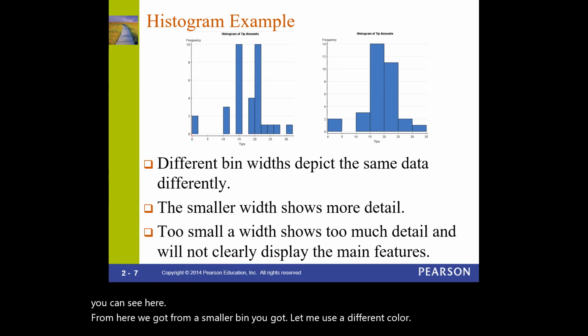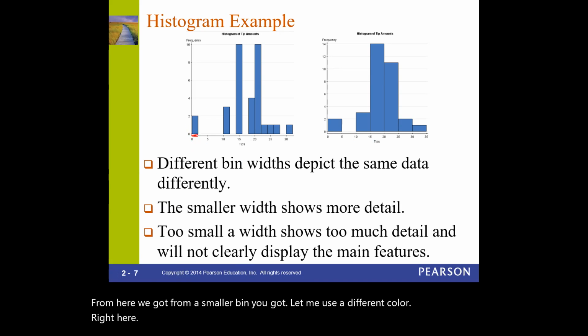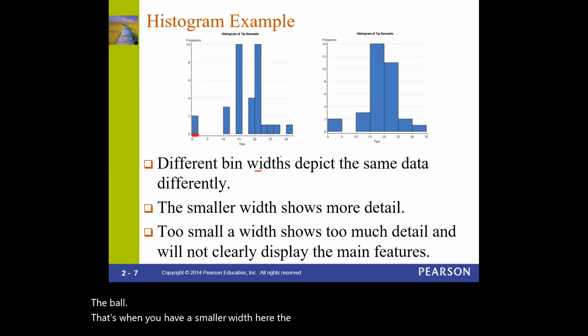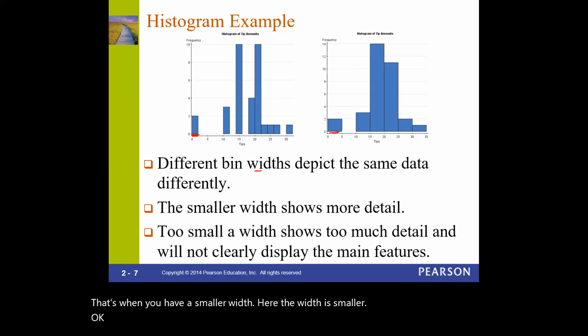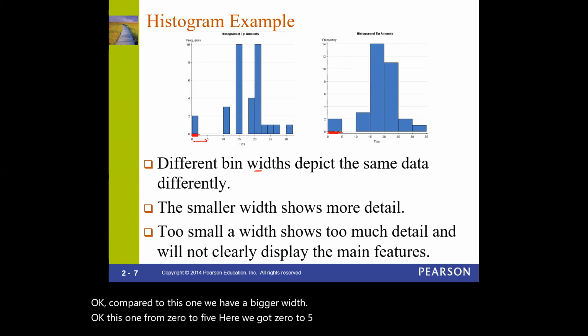Right here, from here to there, you see how wide the bar is? That's when you have a smaller width. The width is smaller compared to this one, where we have a bigger width. This one is from 0 to 5. Here we got 0 to 5, but it's like 1/3 of it here.